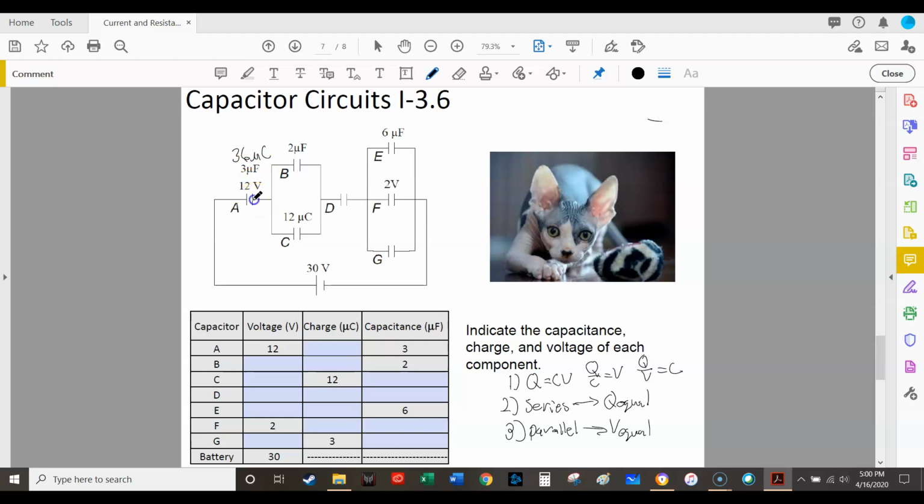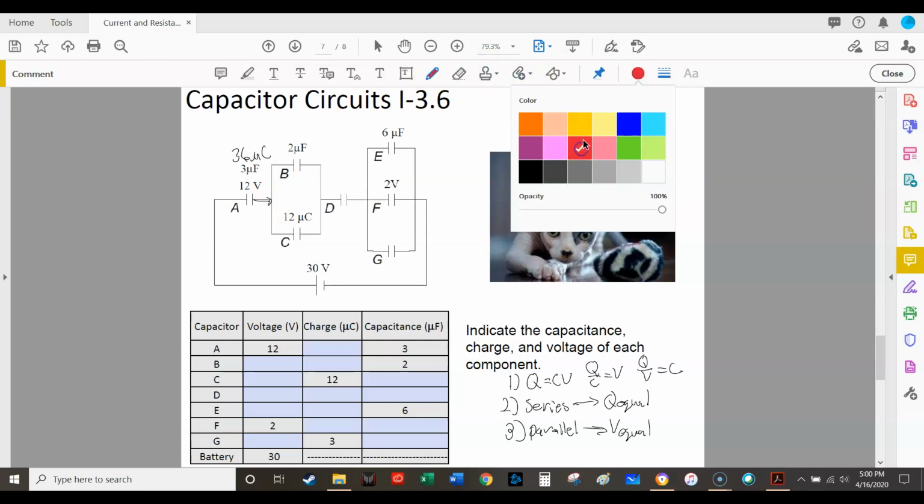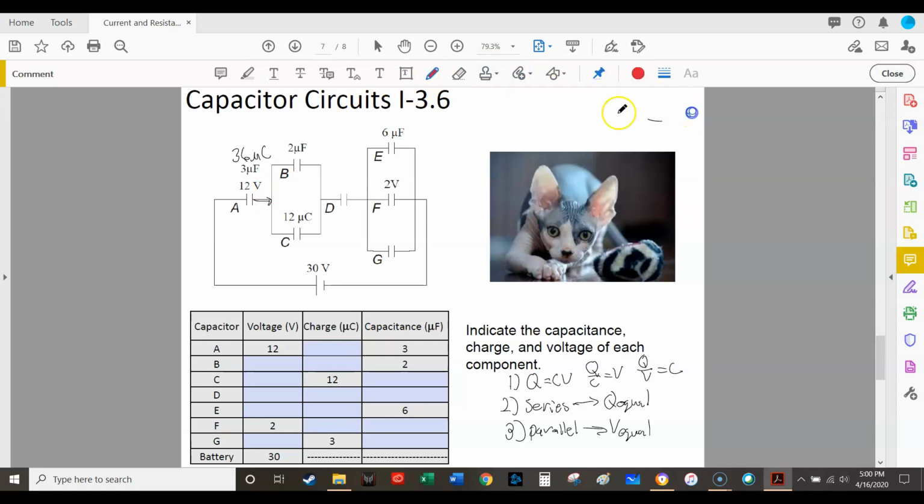Now that we're here, we could start tracing the junction. This 36 microcoulombs is going to come in, and part of that 36 is going to come down to here, and it looks like that is going to be 12 microcoulombs. So red is going to be 12 microcoulombs.